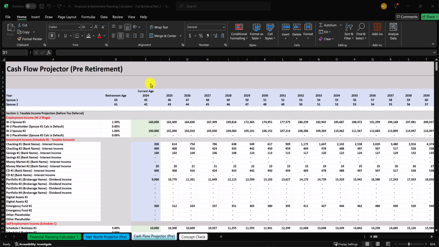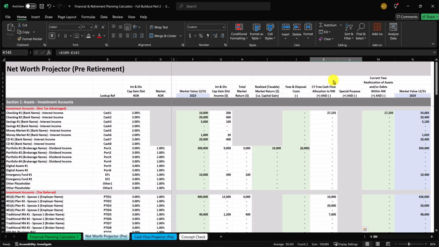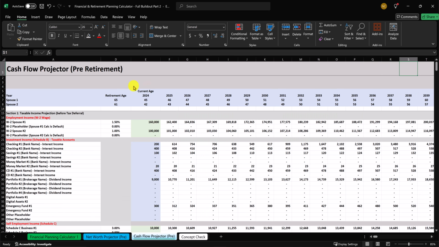Now the first bit of functionality that I want you to be able to see in the calculator is after we work on the current year right here, we basically close out whatever values we have into our net worth in this column, and we get an ending value over here for whatever year we're working on. But after this year is complete and it's time to start working on 2025, for example, we no longer need this year in the pre-retirement cash flow projector anymore.